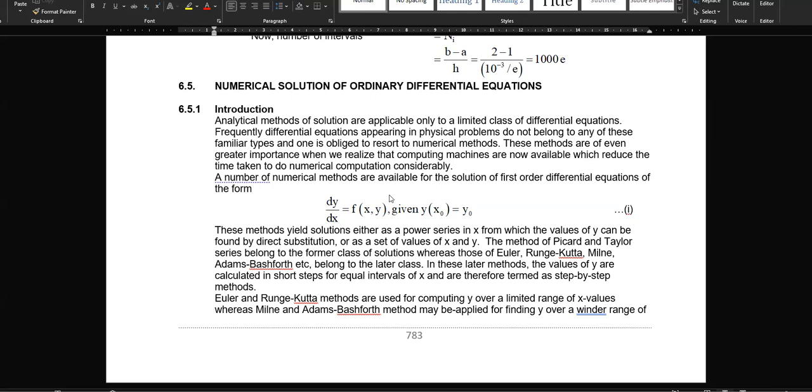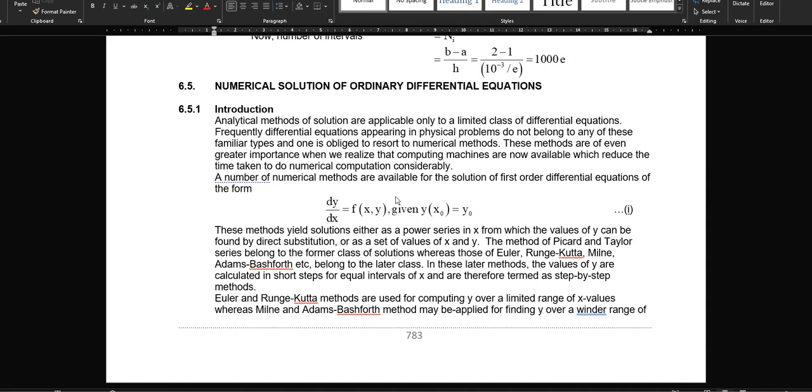For differential equations of higher order with constant coefficients, and for linear differential equations, there are so many methods: separation of variables, homogeneous form converted to separation of variables, linear differential equations, and also by inspection, exact differentials we can form and solve.